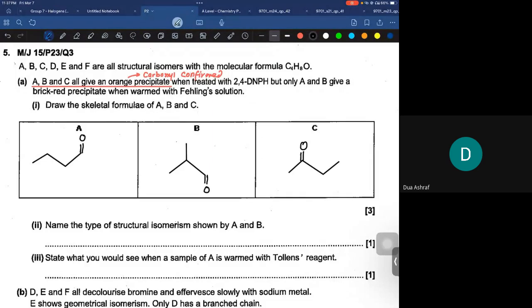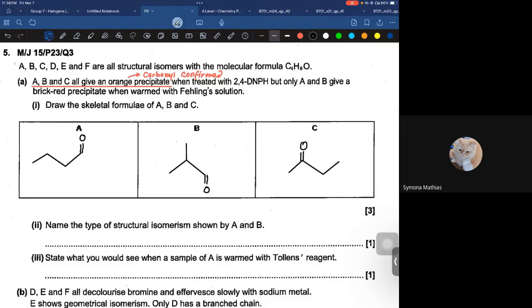Name the type of structural isomerism shown by A and B. You can tell this, I think. It's very easy. What do you think? What is this? Positional isomerism? The position is the same. The position of an aldehyde you can never change. This is the functional group that is always present on the extreme corners.